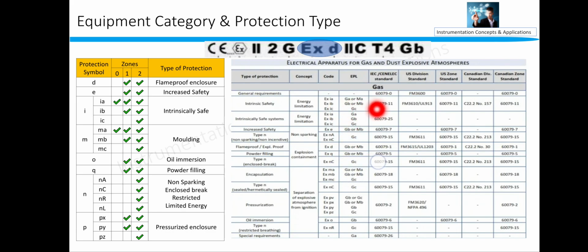So Ex ia is followed by 60079-11, increased safety is followed by 60079-7, and type n non-sparking is 60079-7 and 15. Flameproof, this is very important, Ex d, is 60079-1, and these are IEC standards. Other standards are also mentioned. We can refer to them and have a good understanding of these concepts.